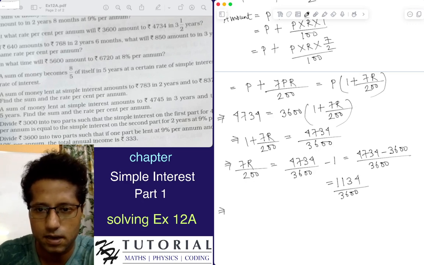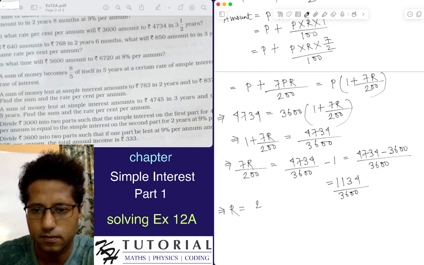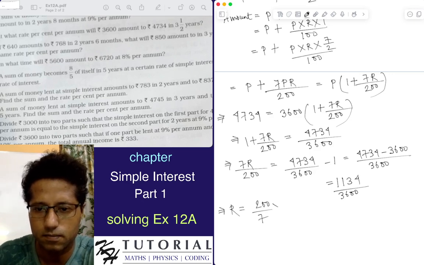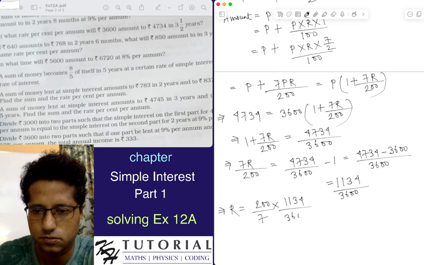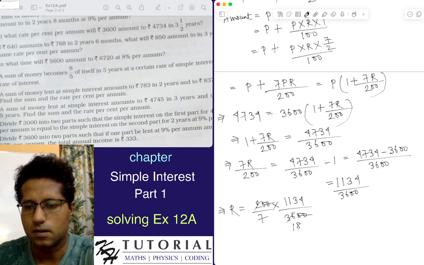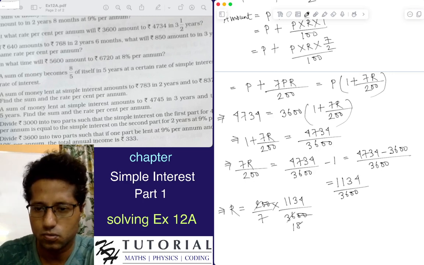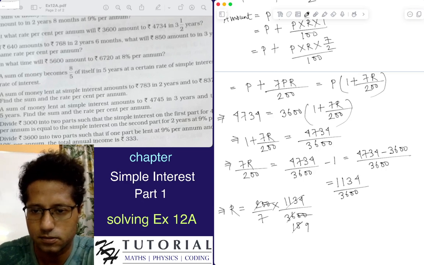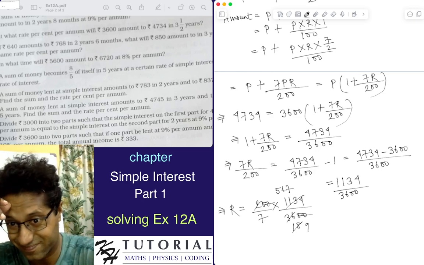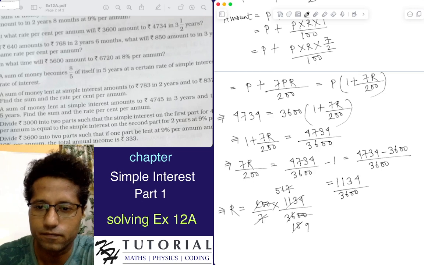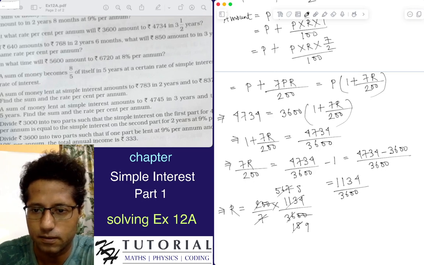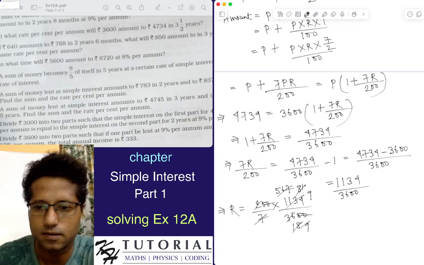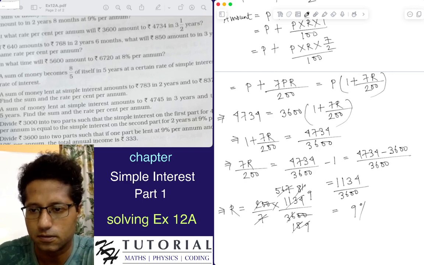So this implies R is equal to 200 by 7 multiplied by 1134 divided by 3600. So the 00 cancels to 18, and 2 9 2 divides 567, and 7 divides 567 with 81, and 9 divides 81, 9. So it is 9%.